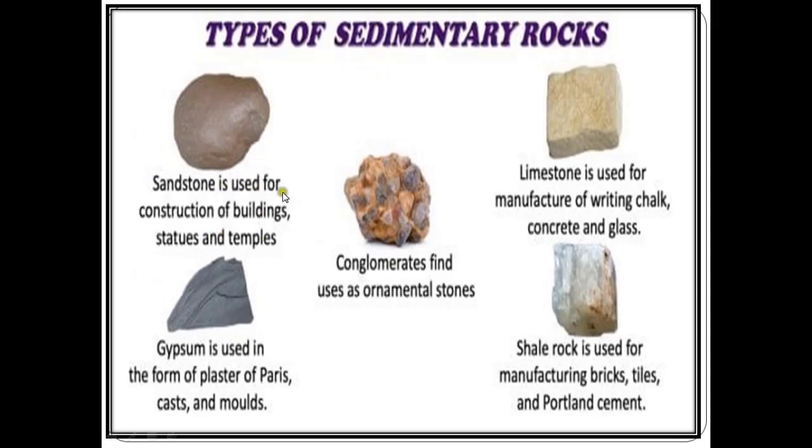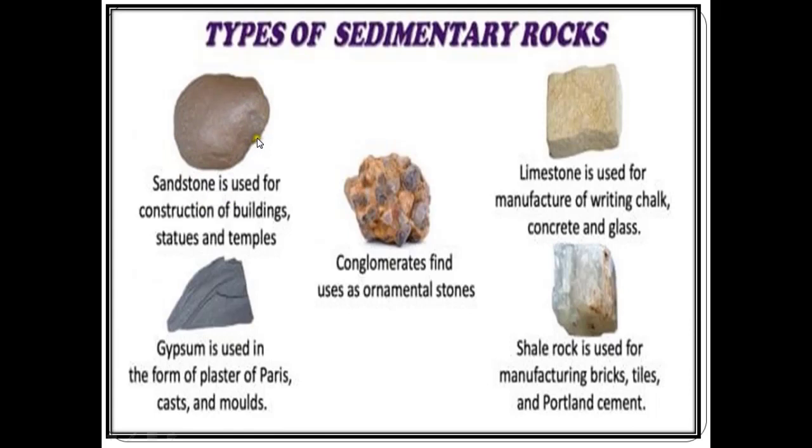Here we can see that sandstone is used for construction of buildings, statues, and temples. This is a rock which is formed from layers of sediment, very compact and cemented together, forming a new rock. So here we can see how compact this rock is.